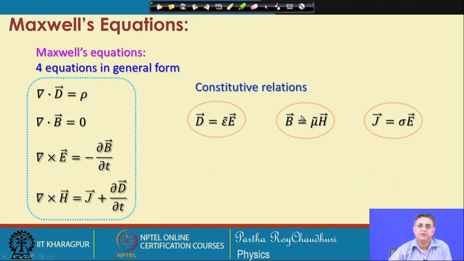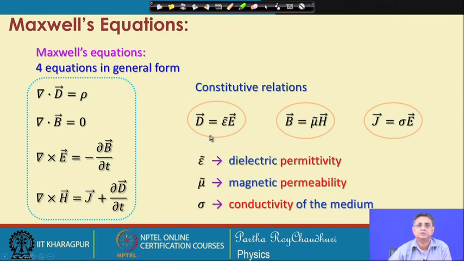Likewise, B is connected to the magnetic field through the tensor mu, which is in general a 3 by 3, nine component tensor, and for a simple medium and for most dielectrics, this mu is a scalar and has a constant value. J is the current density, which is connected to the electric field by the conductivity sigma. This is actually the outcome of Ohm's law.